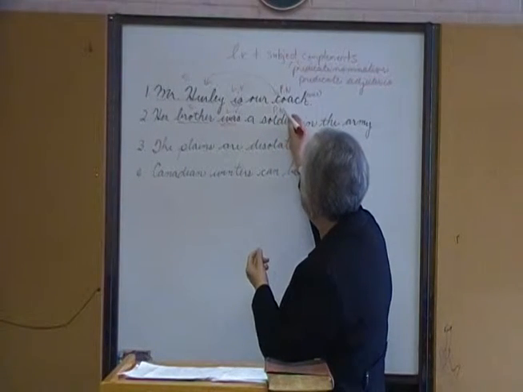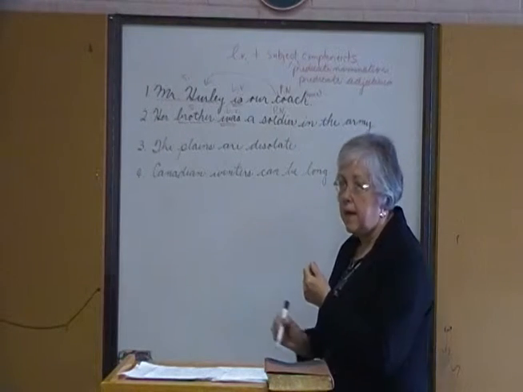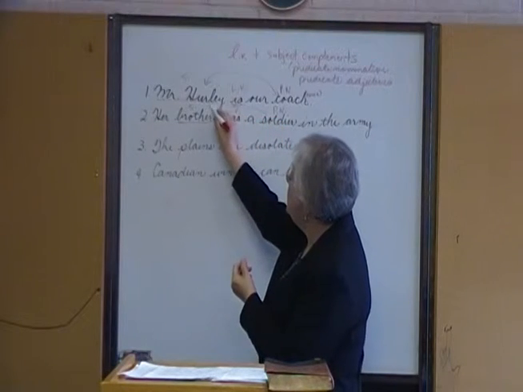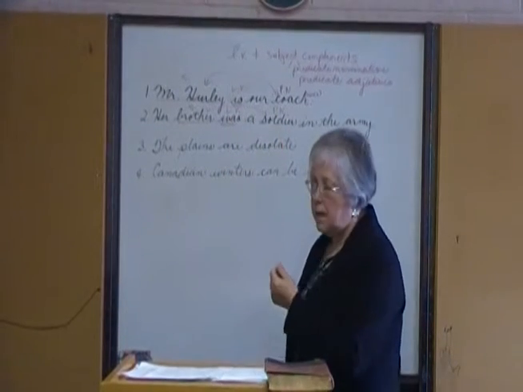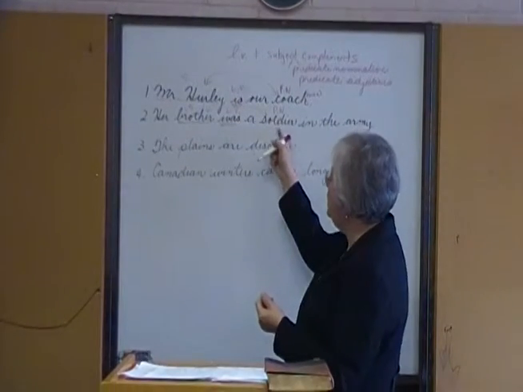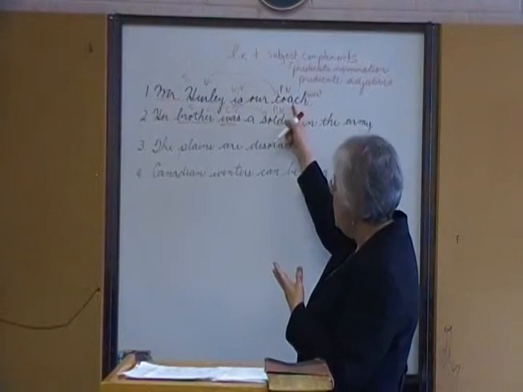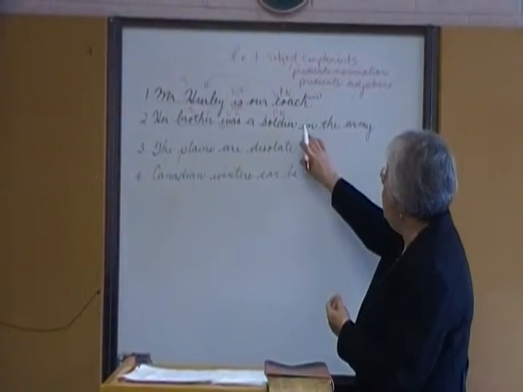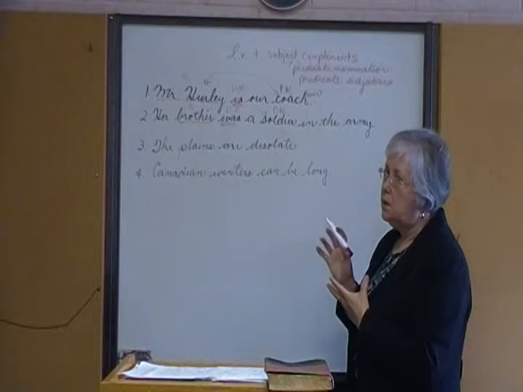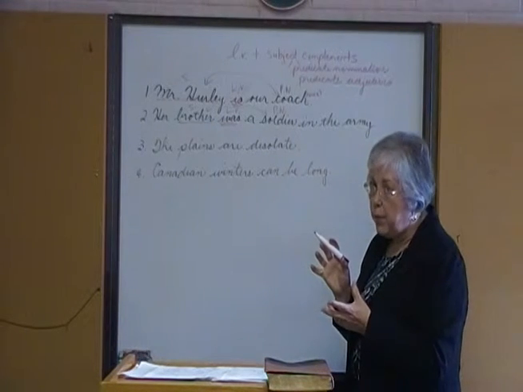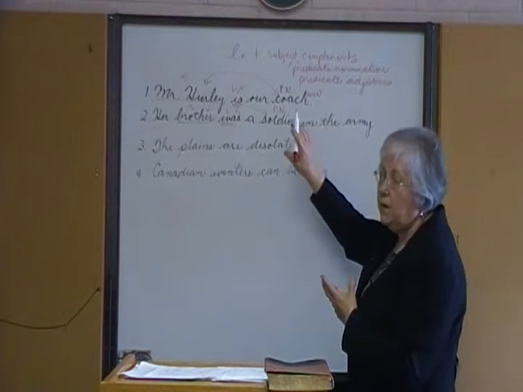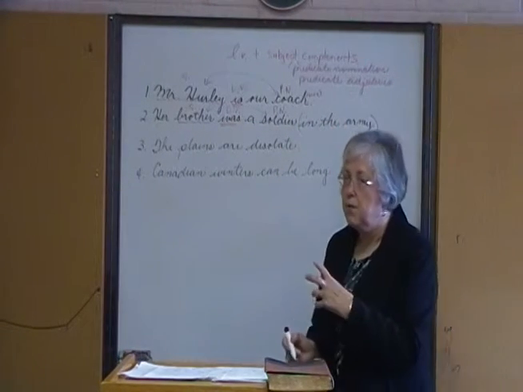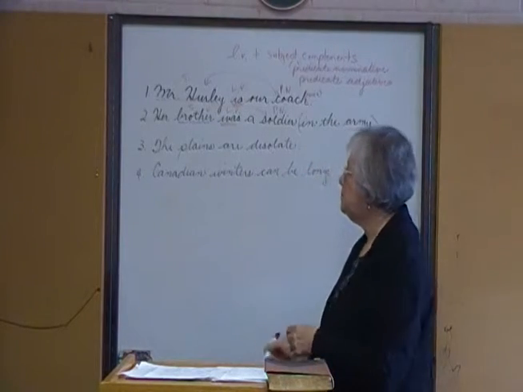Soldier is the predicate nominative. It is the noun that is identifying brother. Brother and soldier are the same. It's complementing the subject. It's a predicate nominative. Now, watch what remains. Subject complements are never found in a prepositional phrase, and that's what we have here. In is a preposition. This is a prepositional phrase.